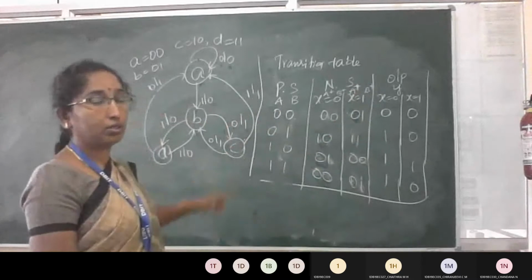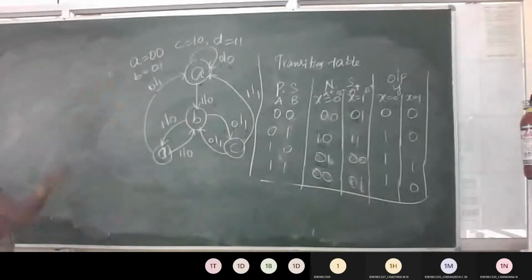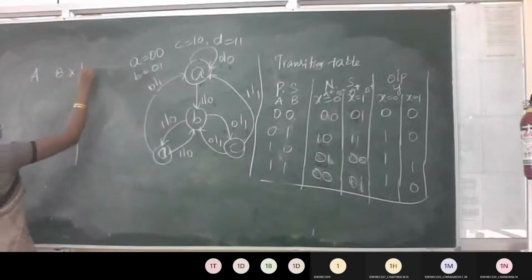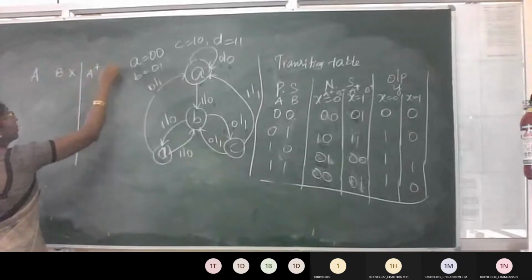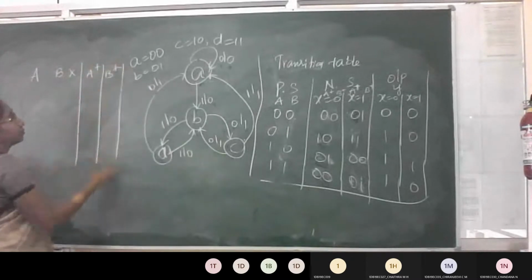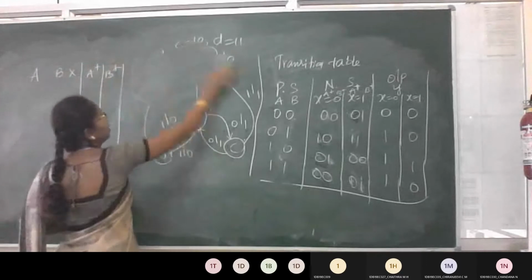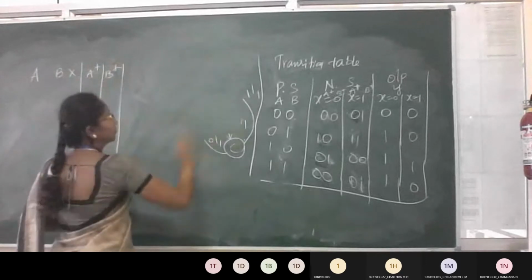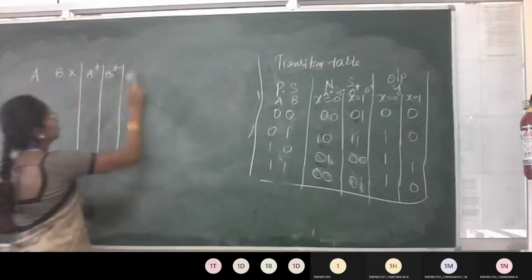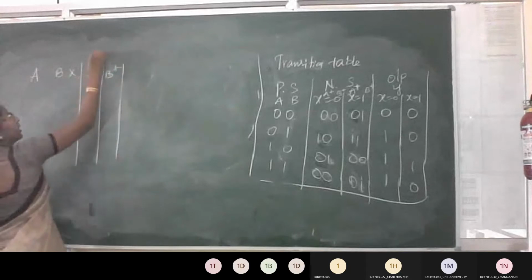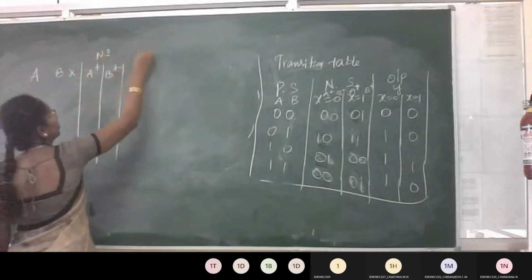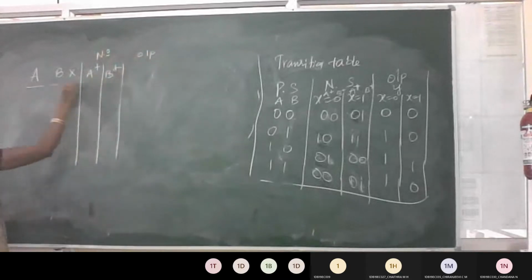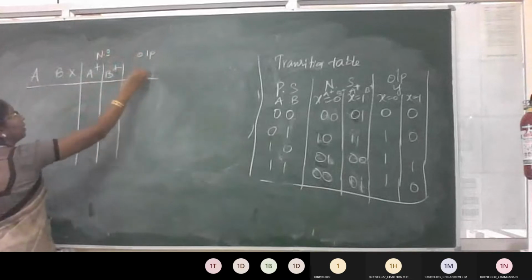So now write A B X as the present state, and A plus B plus is the next state. So this is next state and output. So A B X is 3 variables.